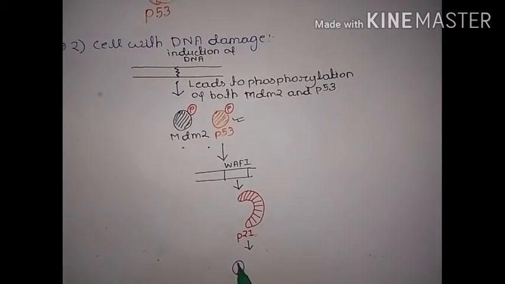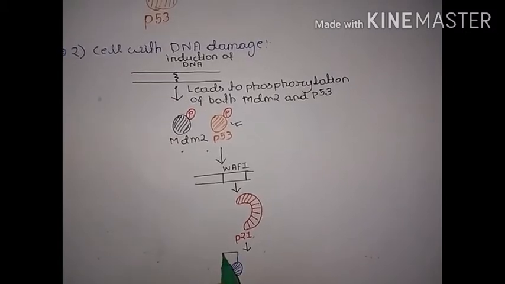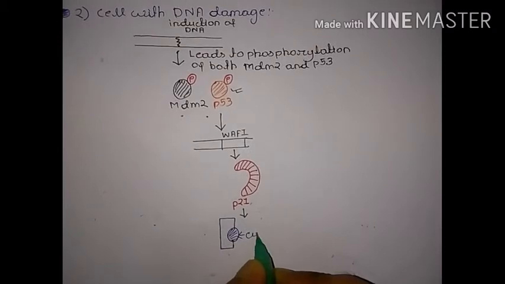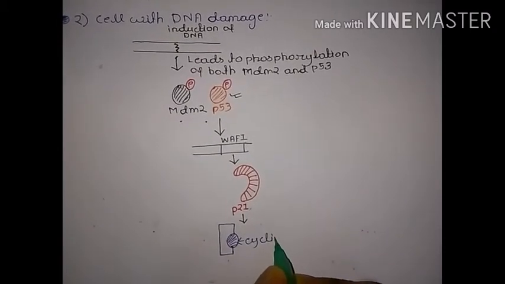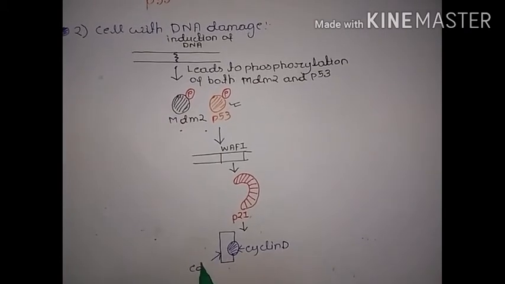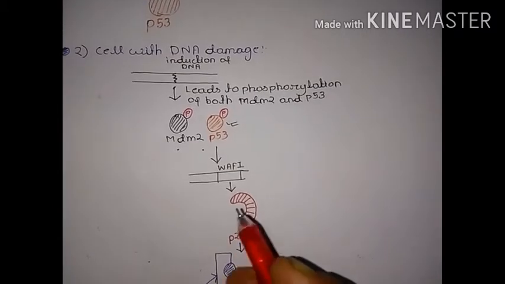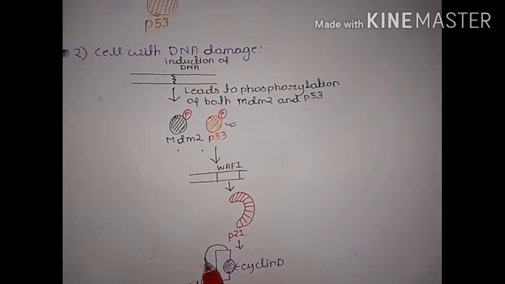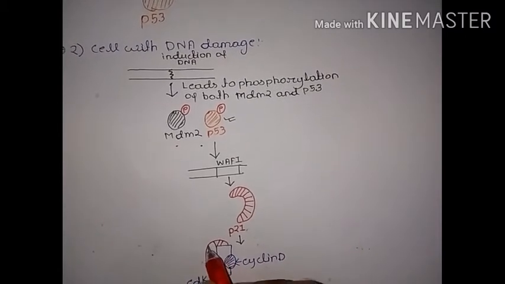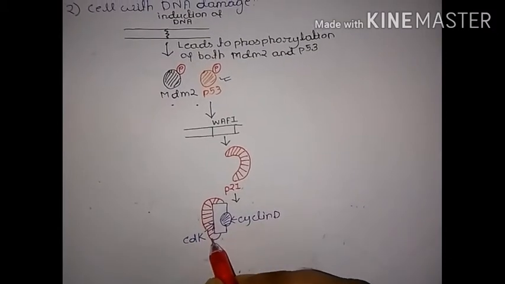So this is Cyclin D and this is CDK2. p21 blocks the function of the Cyclin D CDK2 complex by binding with them.